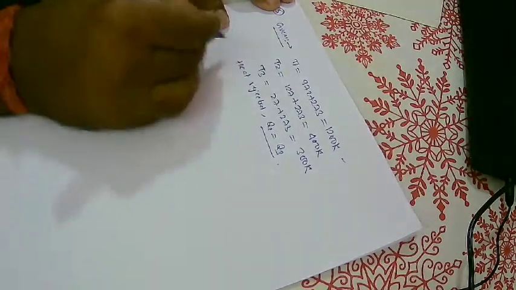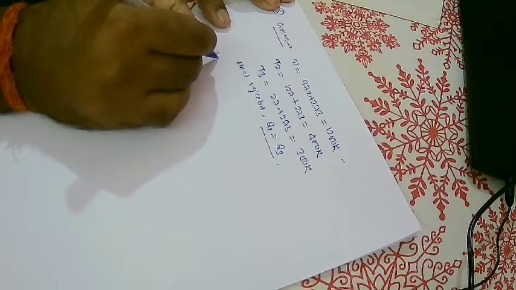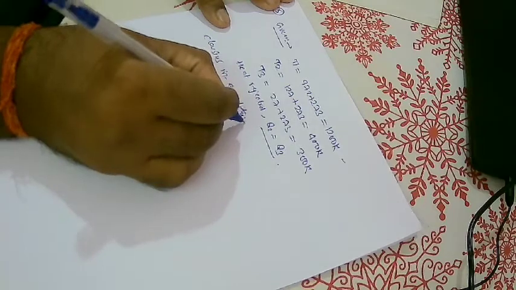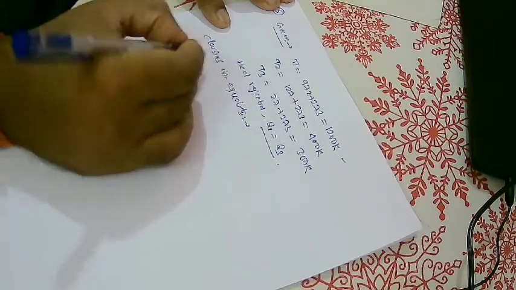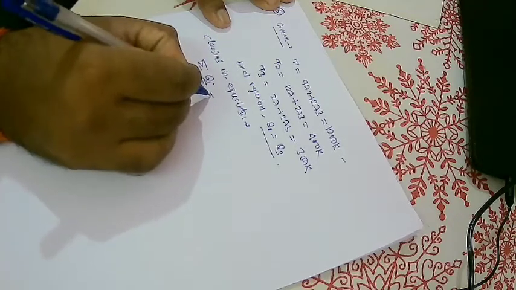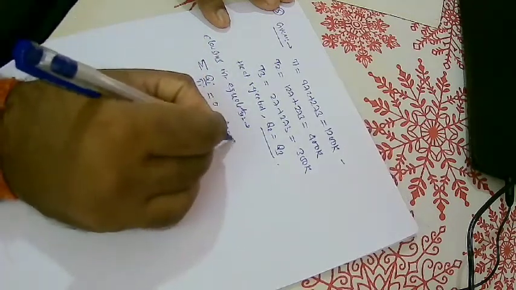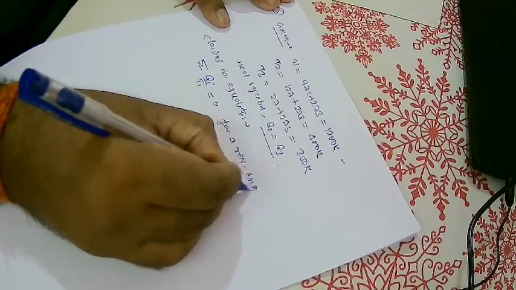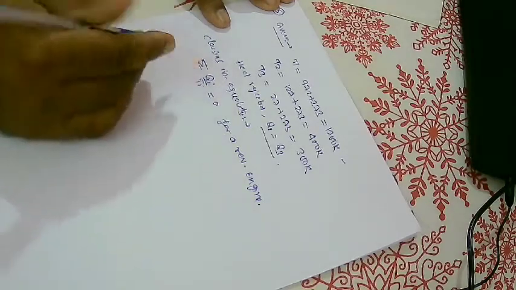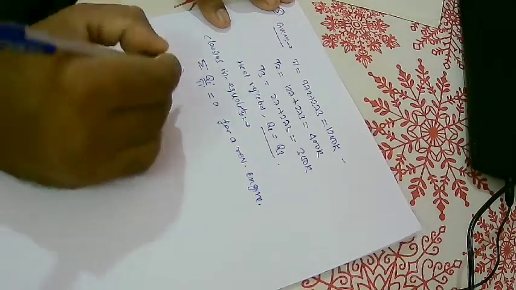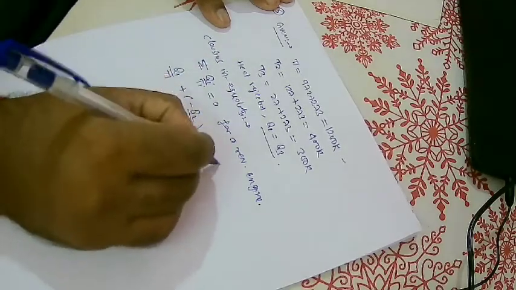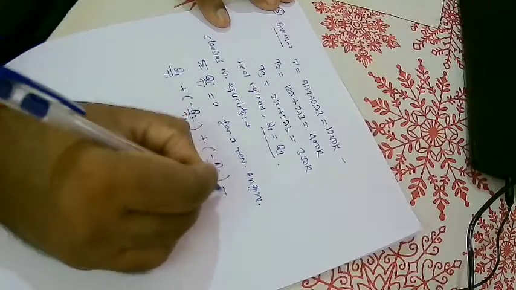So let's apply the Clausius inequality. If we are applying the Clausius inequality, I can write the summation of Qi by Ti should be equal to 0 for a reversible engine or reversible process. That's the case. So just focus on the left side. So I can say Q1 by T1 plus minus Q2 by T2 plus minus Q3 by T3 is equal to 0.